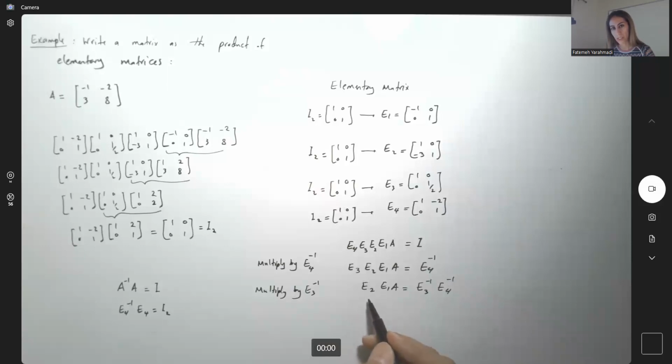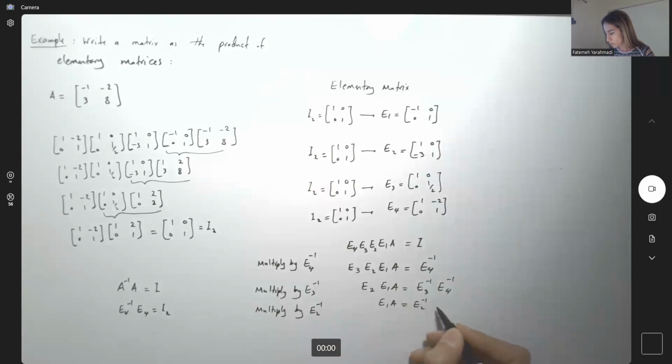All of these elementary matrices are invertible. Their determinants are non-zero. Now multiply by the inverse of E2. The inverse of E2 multiplied by E2 gives me an identity matrix. So I have E1A equals E2 inverse times E3 inverse times E4 inverse.